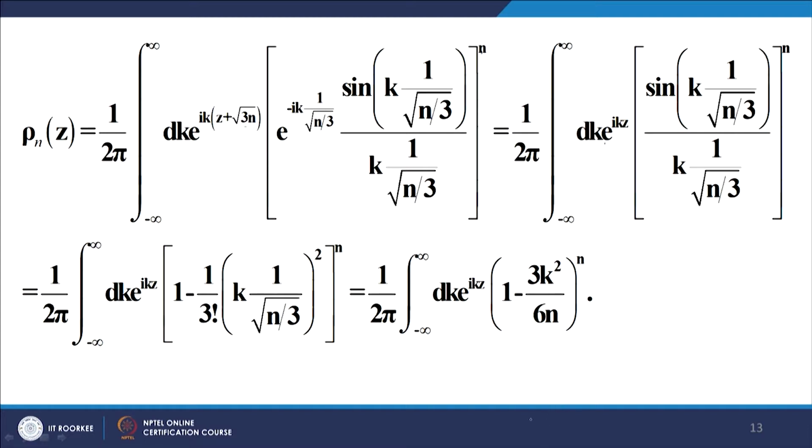If you take the first two terms only, sine theta is equal to theta minus theta cube upon 3 factorial, and so sine theta upon theta gives you 1 minus theta square upon 3 factorial, and that is precisely what is here, and theta is nothing but this expression.